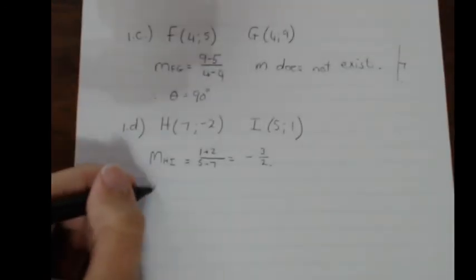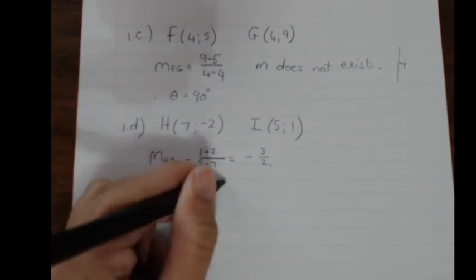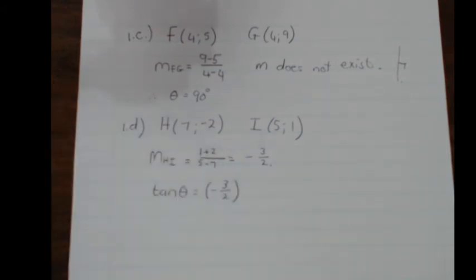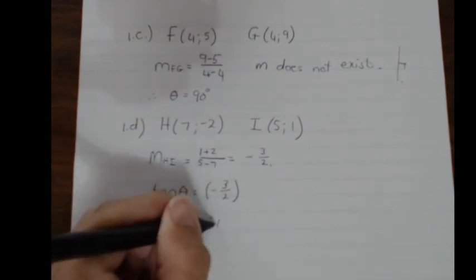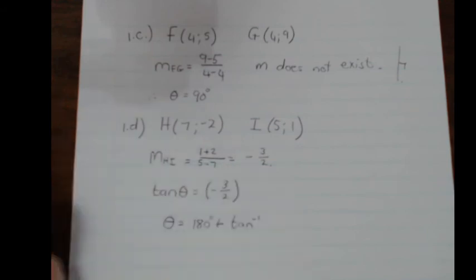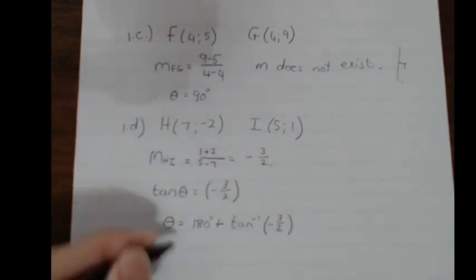Right, so I have tan theta is equal to the gradient, negative 3 over 2, and then theta is going to be 180 plus shift tan of negative 3 over 2, like that.